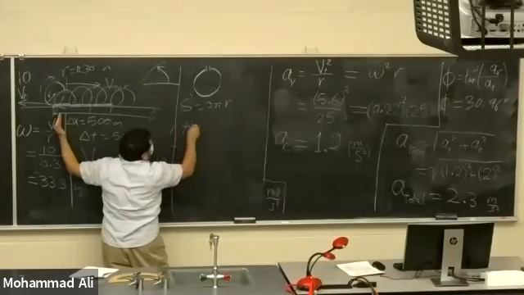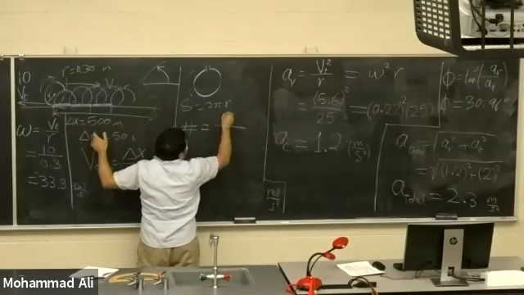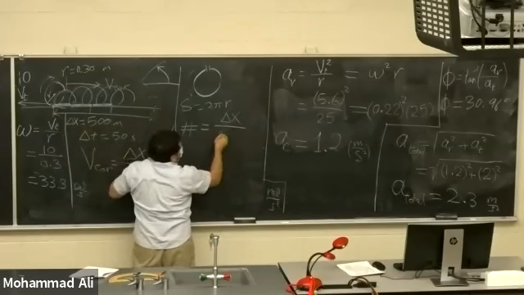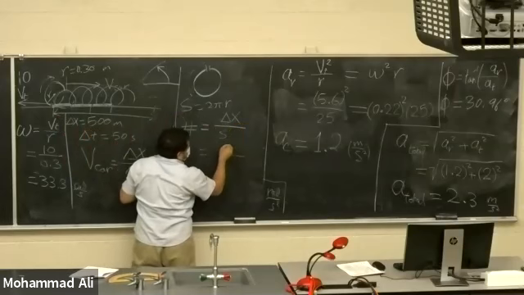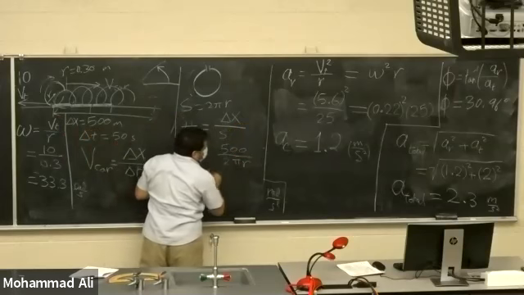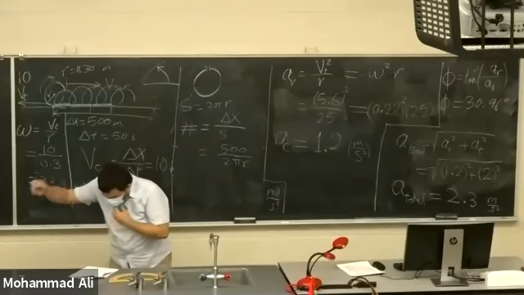The number of rotations is equal to delta x, which is 500, over S. It will be 500 over 2 pi r. R is 0.3. This will give us how many rotations?